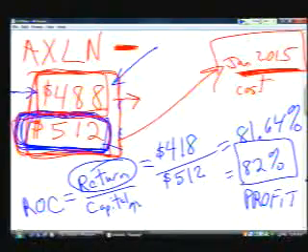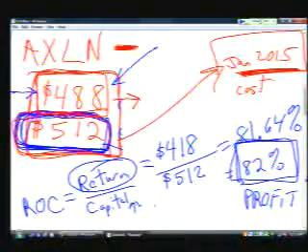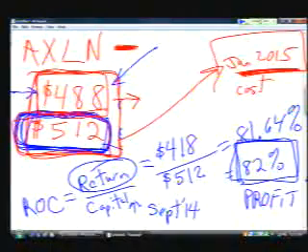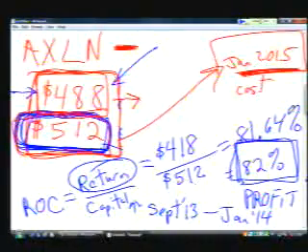Now, by the way, this is not a personal finance class, but it's extremely important. Even though it's a business math class, I'm going to ask you this question anyway. If you get 82% profit on a trade from September 2013 to January 2014, would you classify that as a high-risk trade or a low-risk trade?